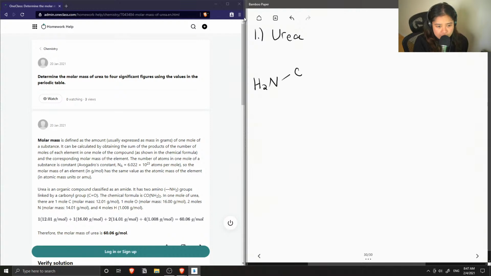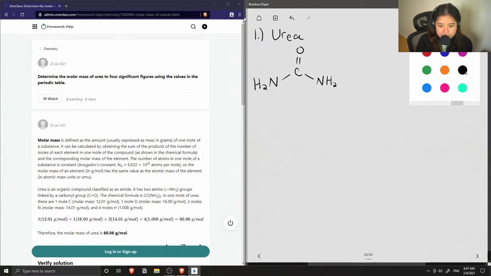It has 2 amine groups on a carbon and also a double bonded oxygen in the middle. So it kind of looks like this. So its chemical formula is CH4N2O.